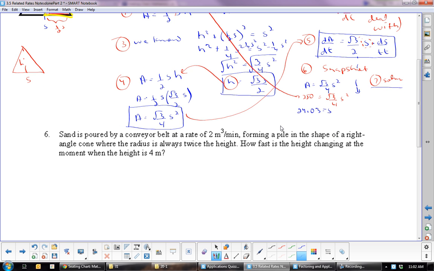Okay. Now, let's solve it. So dA over dt, that's -5, equals root 3 over 2 times 24.03 ds dt.